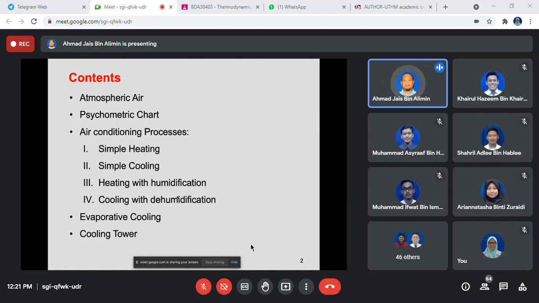everything revolves around the theory of mixtures, and the psychrometric chart is one of the tools that enable engineers to understand how you can manipulate the presence of moisture, and by adding or removing the water vapor in the atmospheric air, how it can affect the comfort, and we call it the living condition related to the air conditioning process.